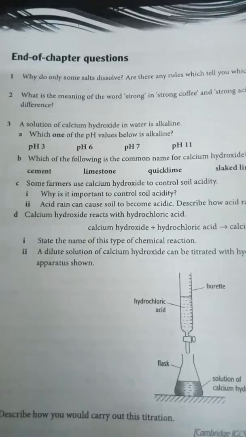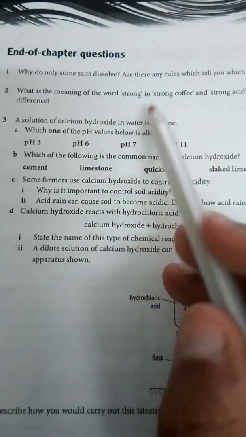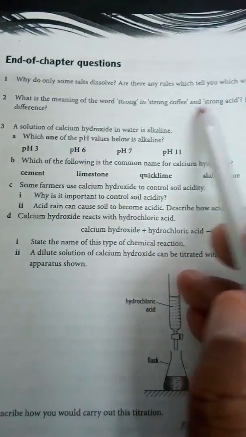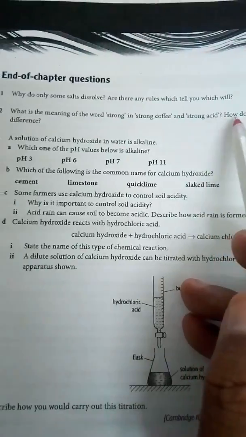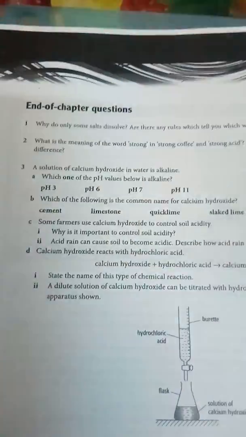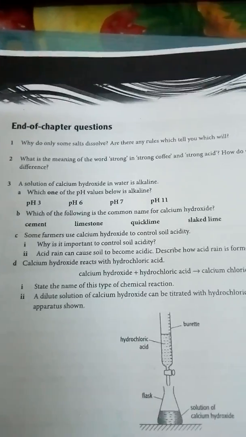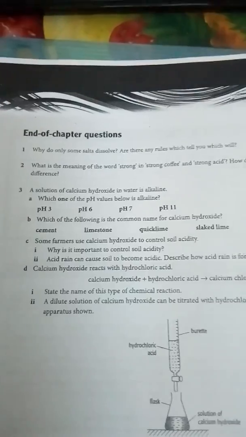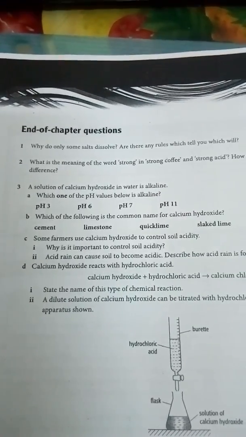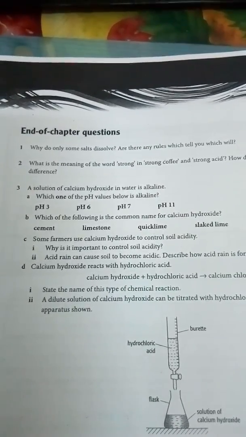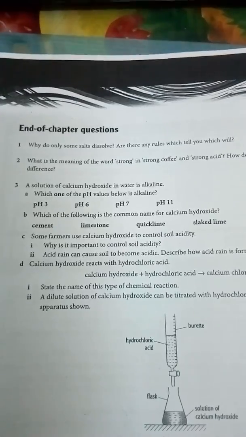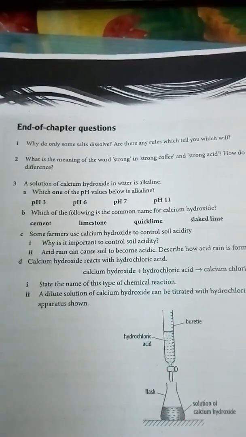Number two. What is the meaning of the word strong in strong coffee and strong acid? How do you deal with these differences? Okay, so let's discuss our understanding. To understand the different use of the word strong in this case, we have to focus on the way the adjective is being applied.